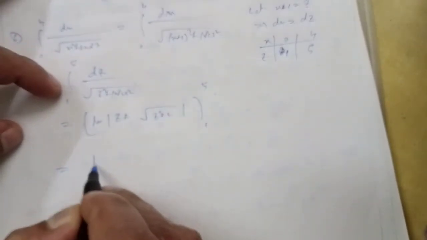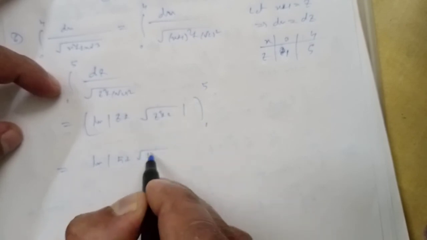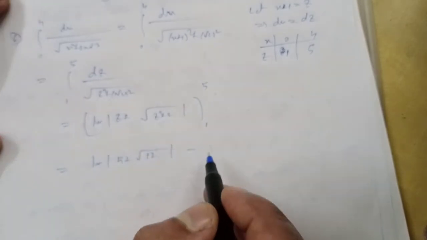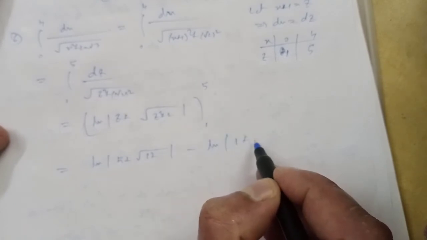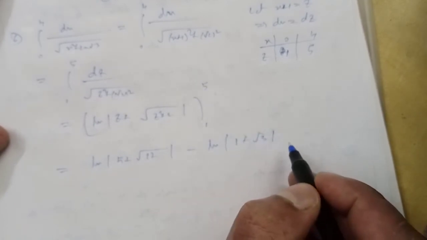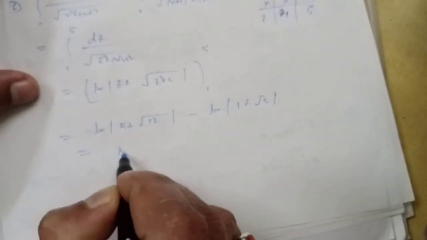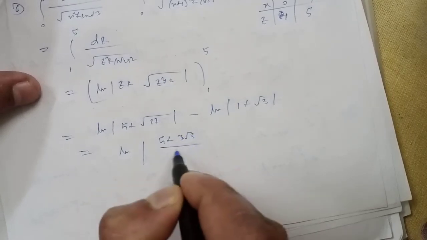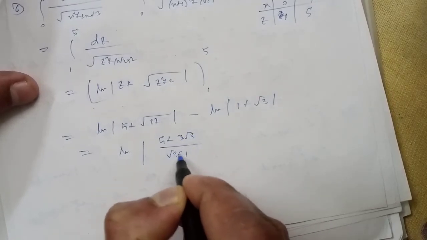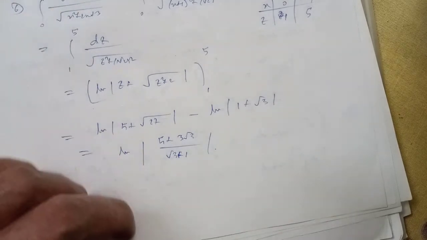First put 5, ln of 5 plus root of 27, minus ln of 1 plus root 3. So this becomes ln of the modulus of 5 plus root 27, meaning 3 root 3, divided by root 3 plus 1. This will be your answer.